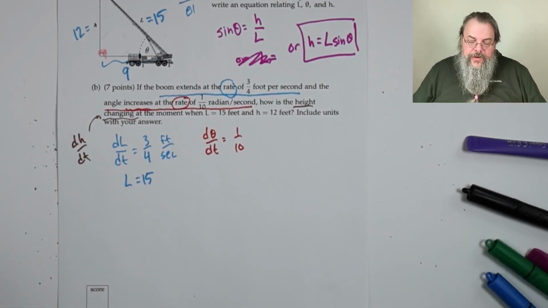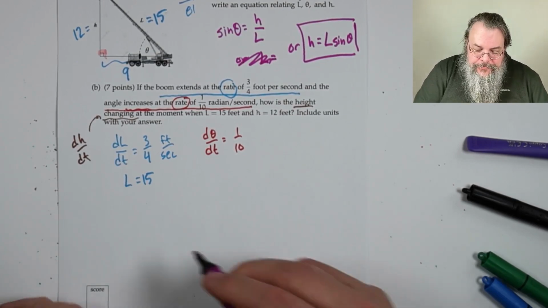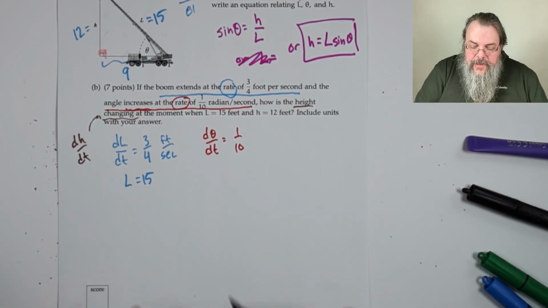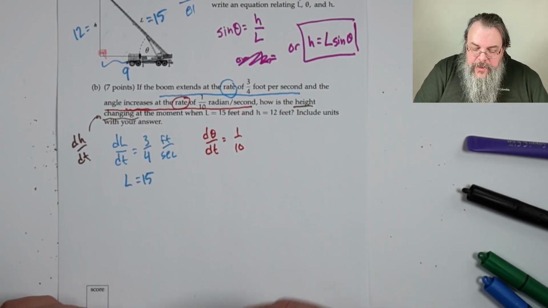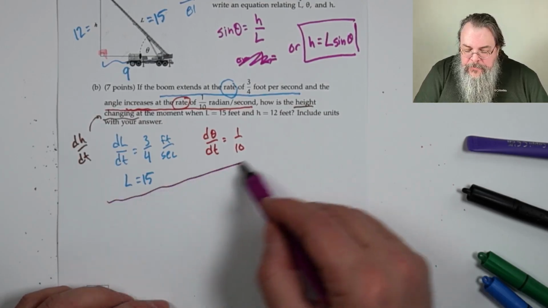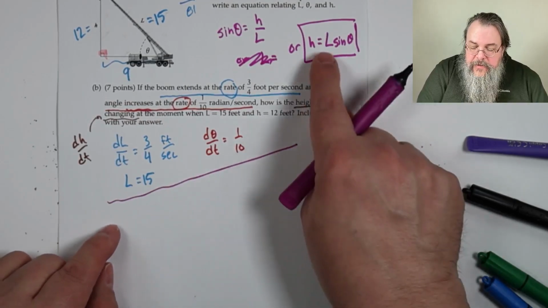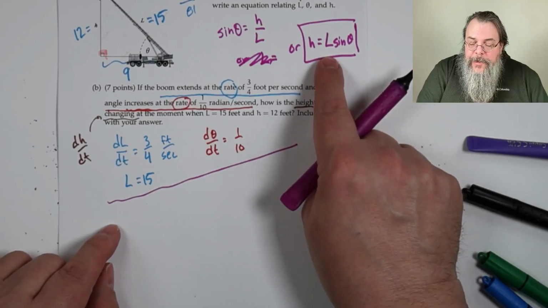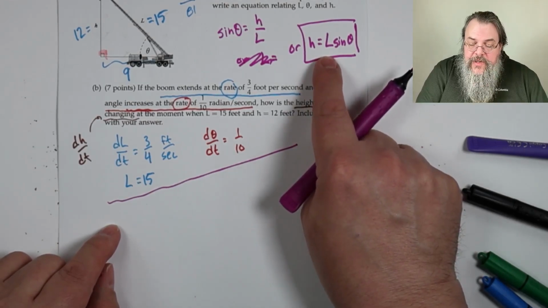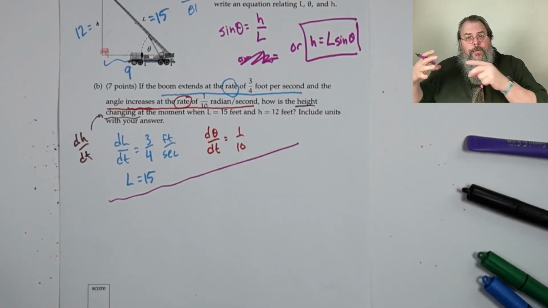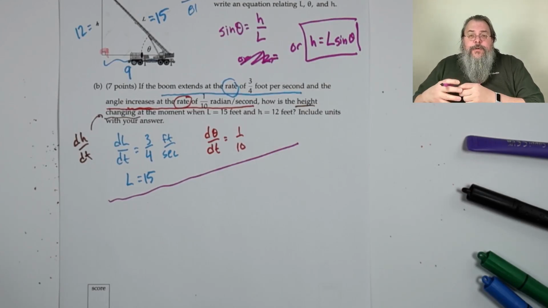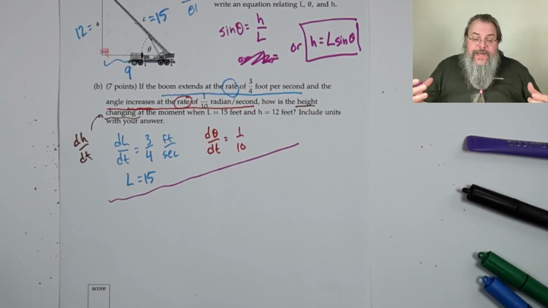All right, so off we go. We have L equals 15. And, well, what can we do? Okay, so we're going to take this expression and take the derivative of both sides with respect to t. When we did implicit differentiation, we said, think of y as a function of x.